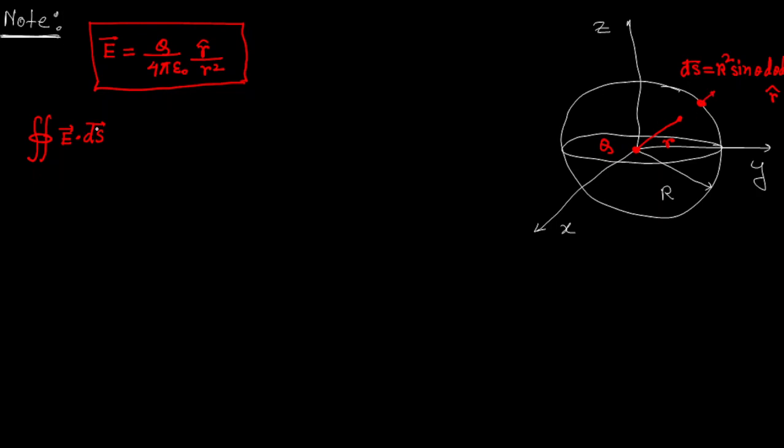Okay. So now if we want to find out the surface integral, what we have to do? First we have to calculate the electric field at this position. For this position, what will be the electric field?